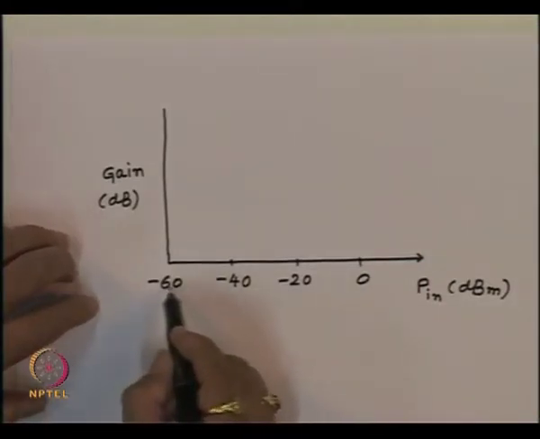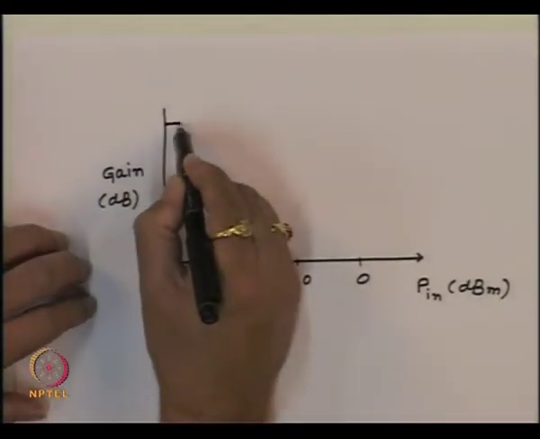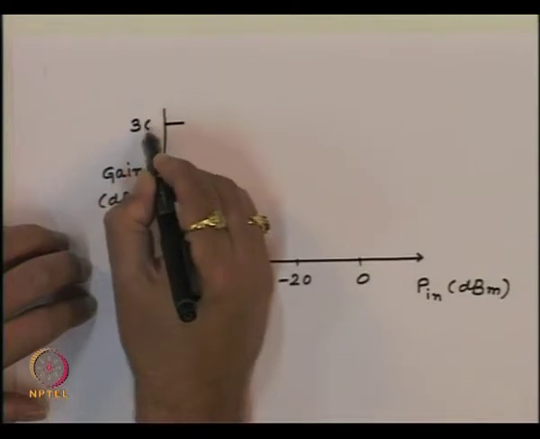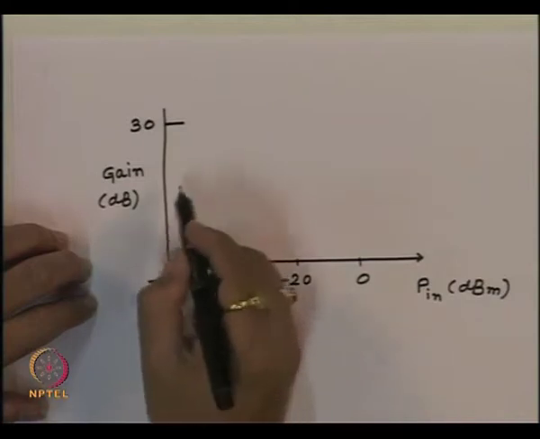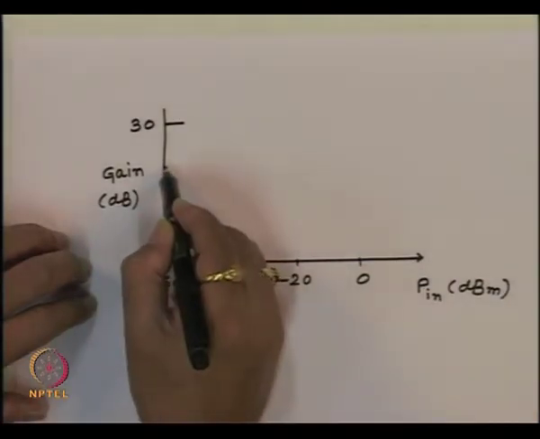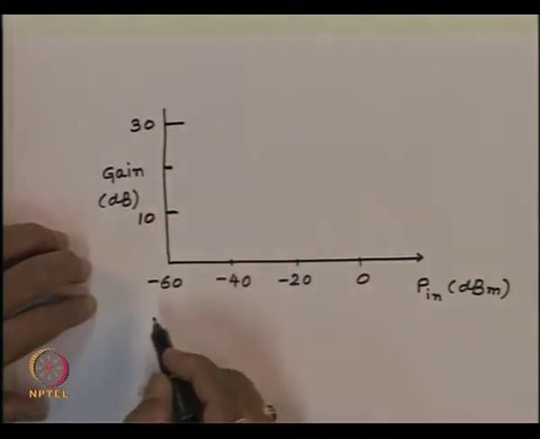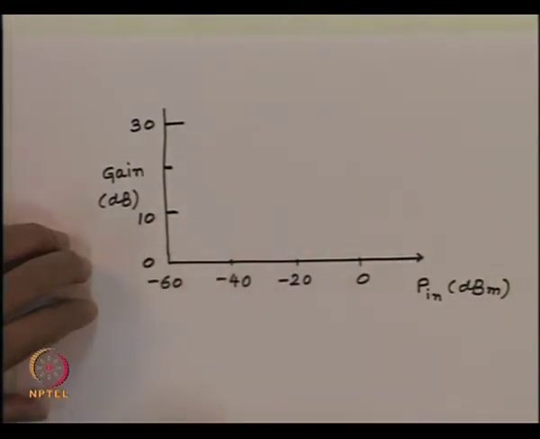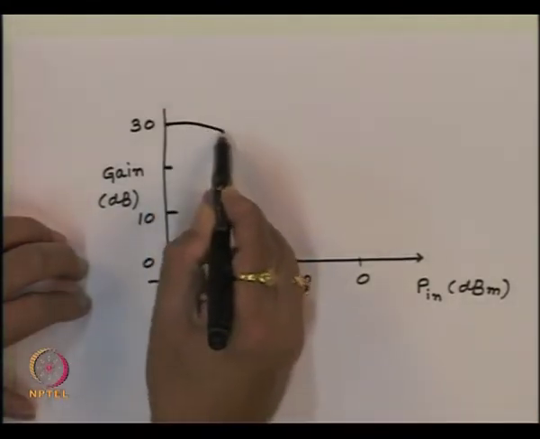If you go to low optical powers, the gain could be as large as about 30 dB. And this is 20, 10, and this is 0. So a typical profile will look something like that.